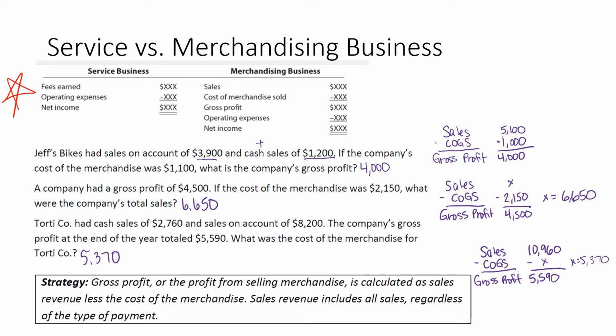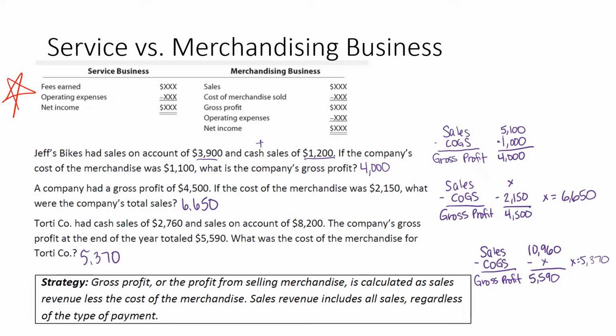So first, Jeff's Bikes had sales on account of $3,900 and cash sales of $1,200. If the company's cost of the merchandise was $1,100, what is the company's gross profit? We figure that out by looking at the formula for a merchandising business. Because if there are sales and merchandise, that means that it's a merchandising business.